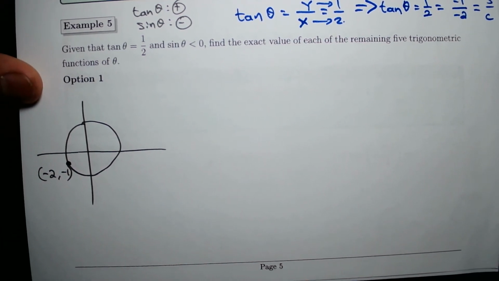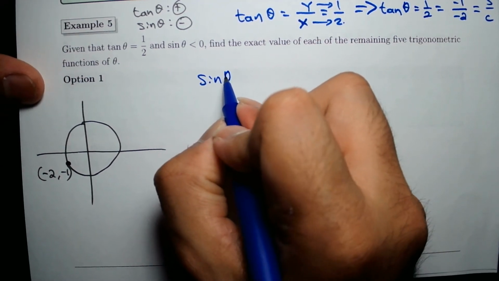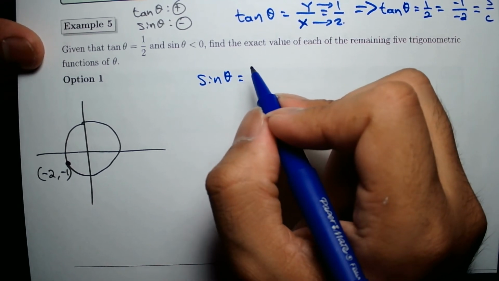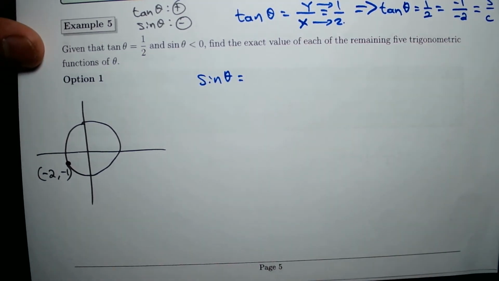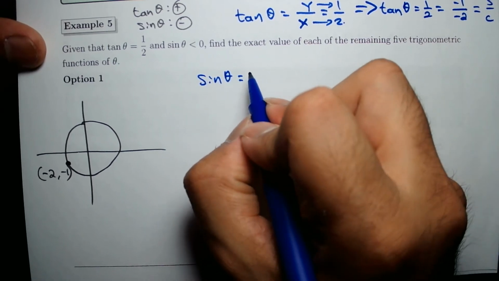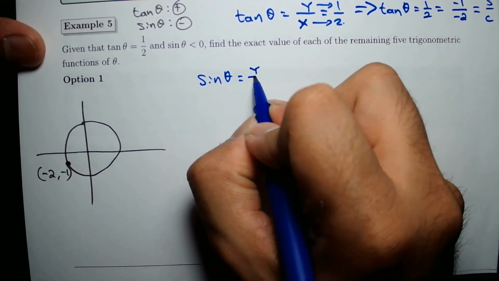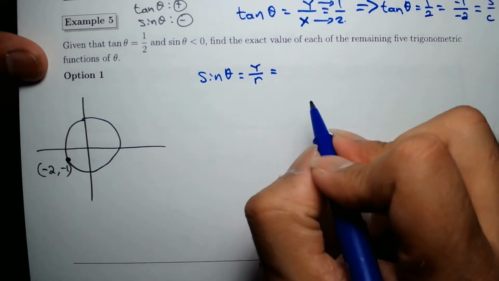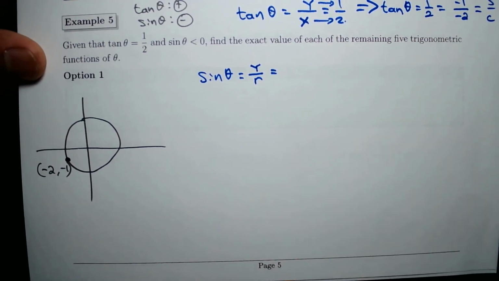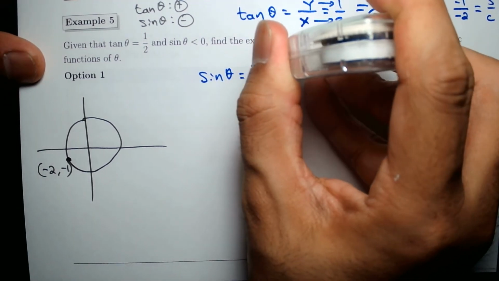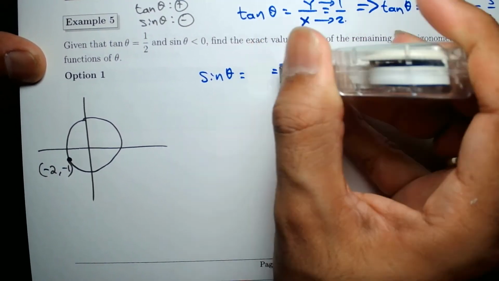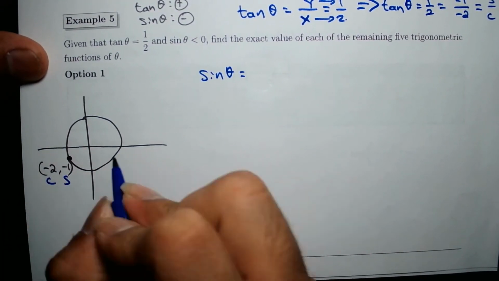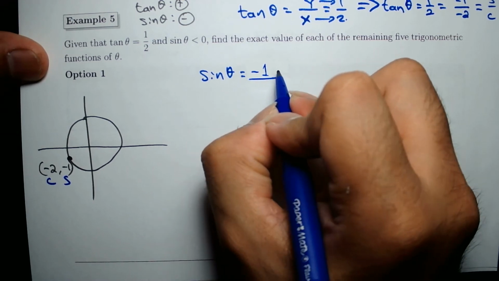Okay, so let's see. Sine theta, that's, if we go back a couple of pages, y over r. But in this case we need to find the value of r. Or in this case, actually, we can skip that part. We can skip the y over r, because we know explicitly this is cosine, this is sine, and in this case, simply negative 1.